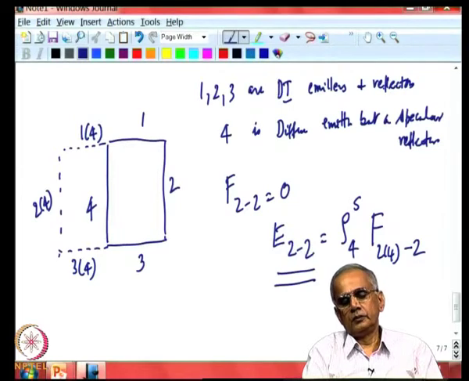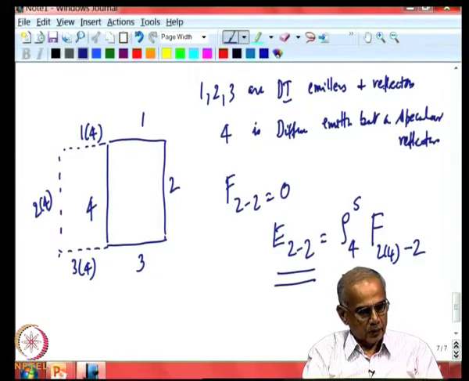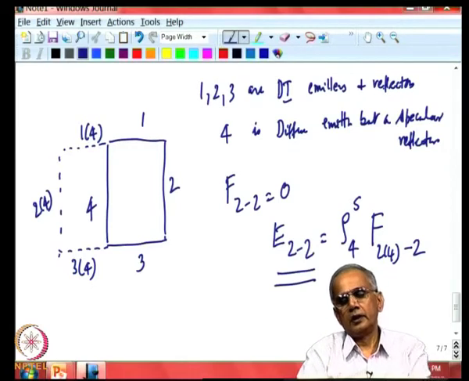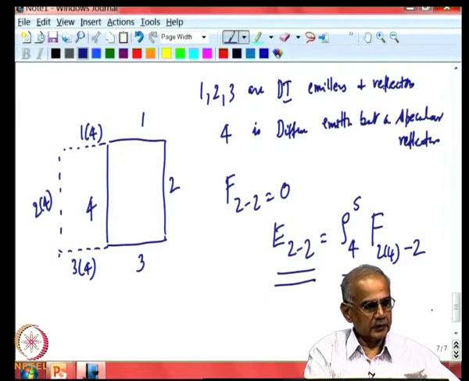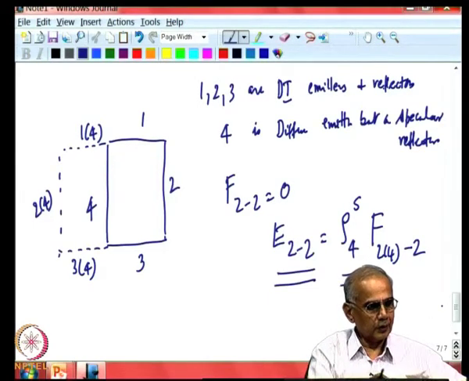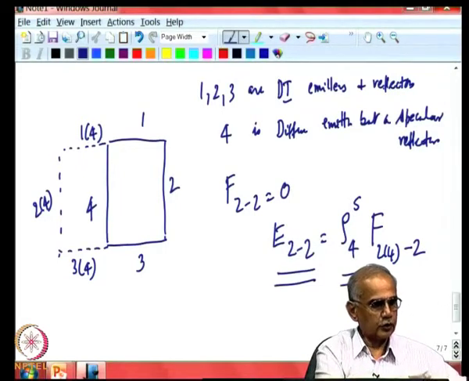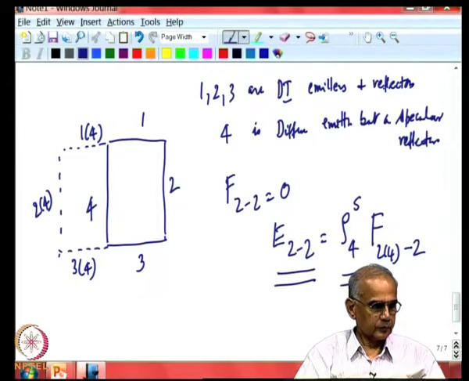But when a surface reflects in a specular fashion like surface 4 here, then this factor E22, which can also be thought of as a shape factor, depends on the reflectivity. This is not a purely geometric factor, it depends on surface reflectivity. This is a slightly surprising result and you need to get used to this concept, because it is a little more complicated than what we had looked at earlier.